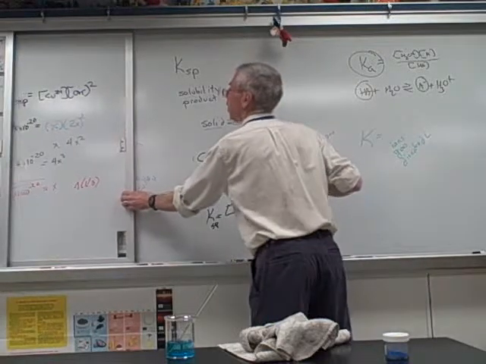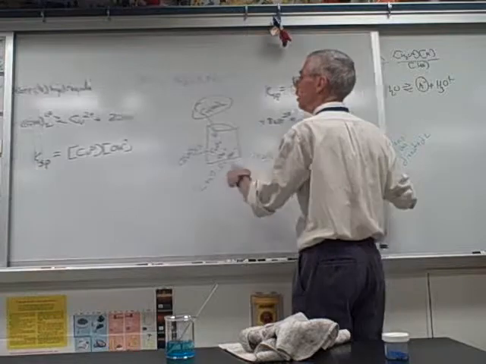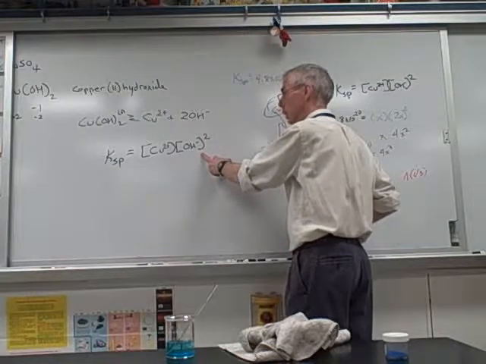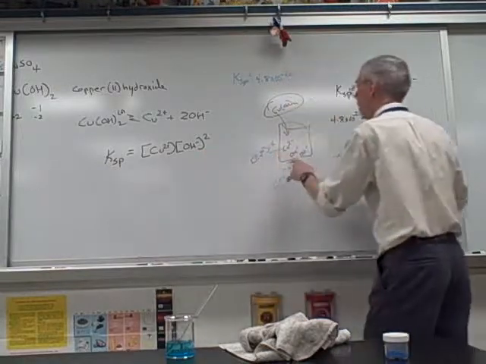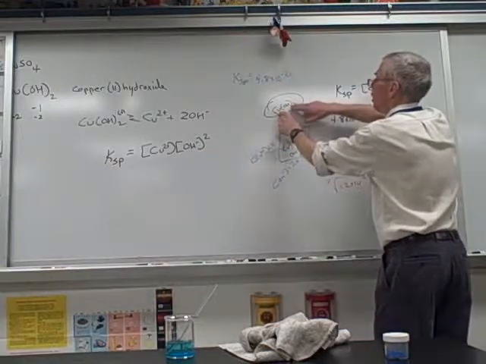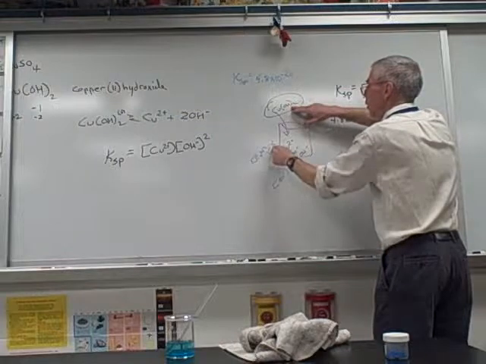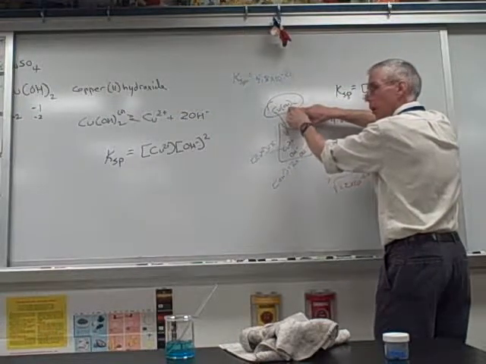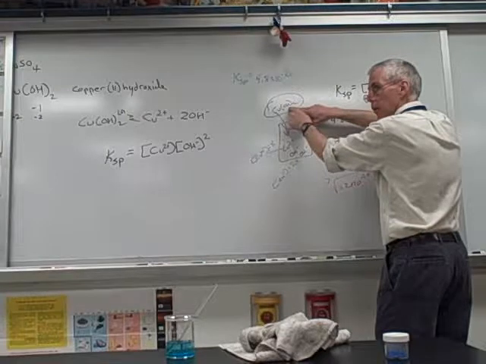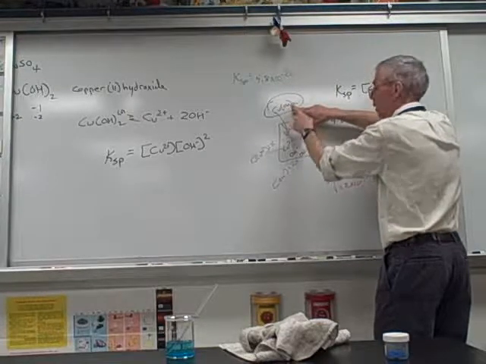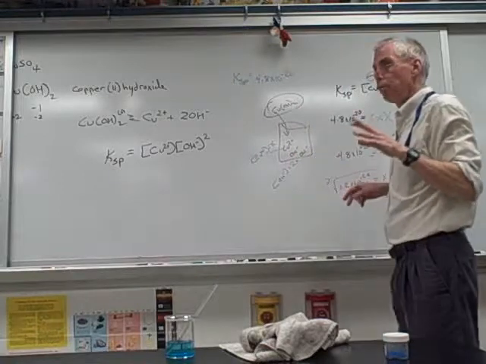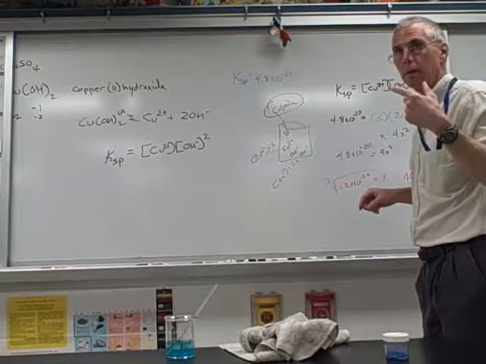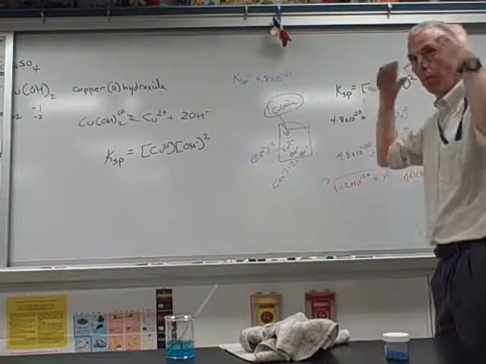Then you remember if there are 2 of them or 3 of them, you just have to square or cube it. Okay? But then you gotta think, if I'm just throwing the solid into water, there's a very specific ratio of the copper to the hydroxide. Because for every one of those, we get 2 of those. Okay? It'll get easy. It really is. This one's not that hard, it's just you gotta wrap your head around something new. Okay? They make it sound all hoo-hoo, but it's not.